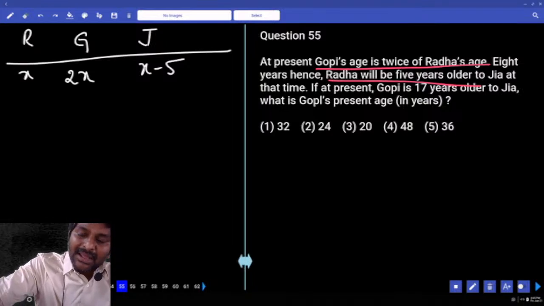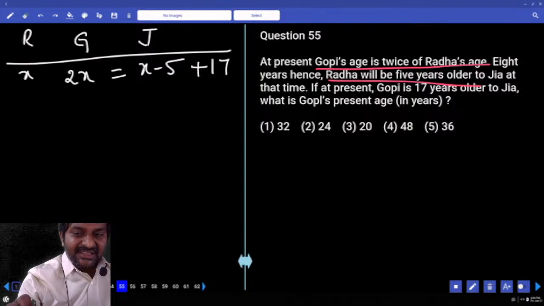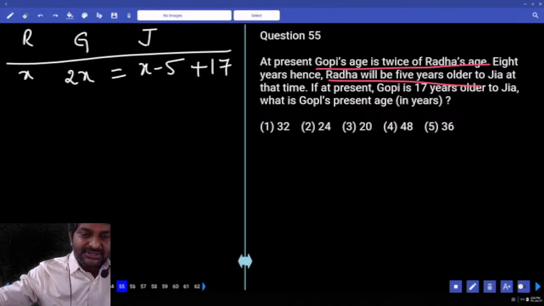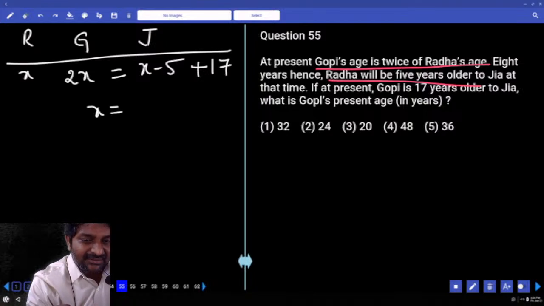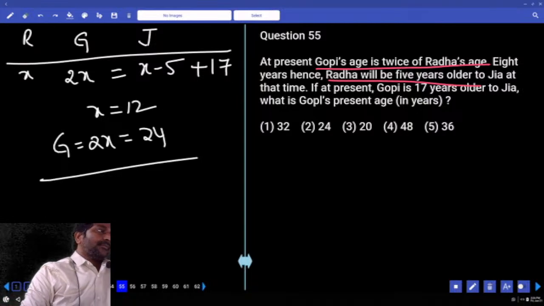Okay? And the last statement says Gopi is 17 years older than Jia, so 2x equals x minus 5 plus 17. From this, x is equal to 12. Gopi's age is equal to 2x, which is equal to 24.